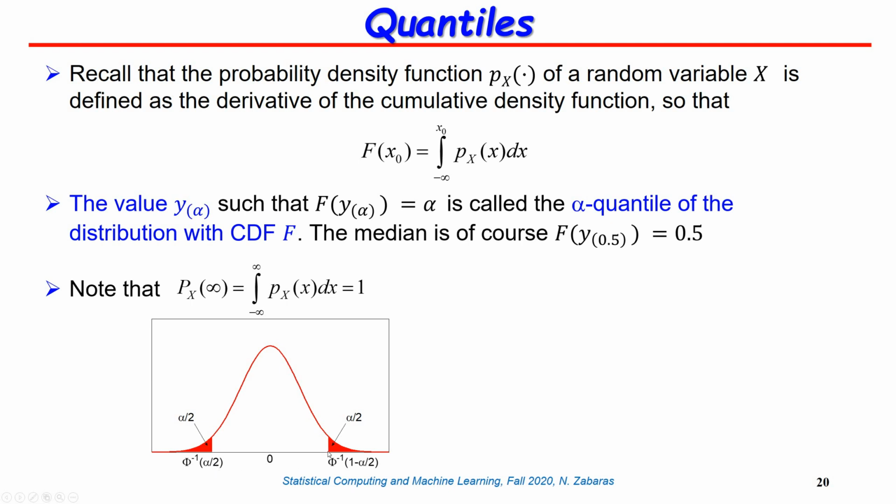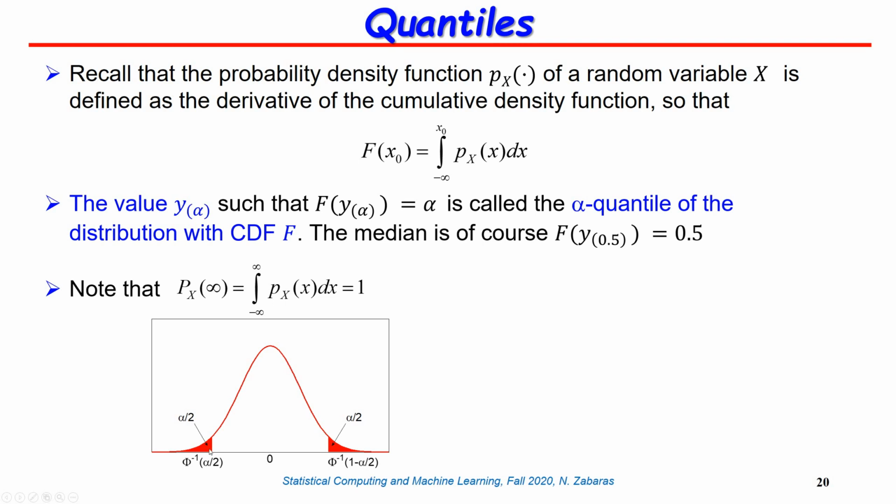And similarly, for this location, the area to the left is 1, the whole integral under the PDF, minus this area to the right, which is alpha over 2. So at this location the CDF is 1 minus alpha over 2. So I can evaluate this as the inverse of the CDF computed at 1 minus alpha over 2.